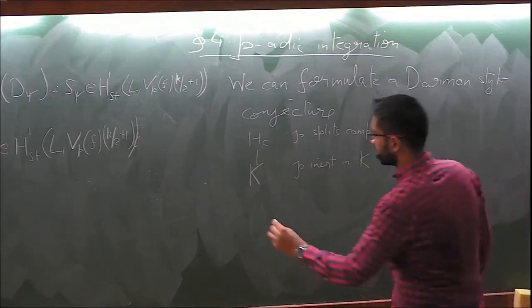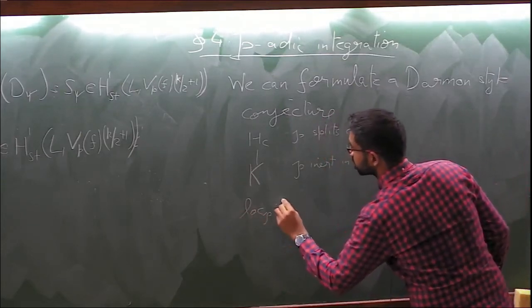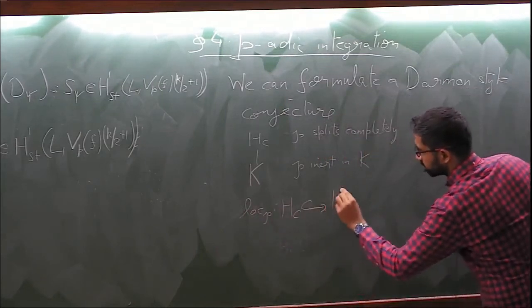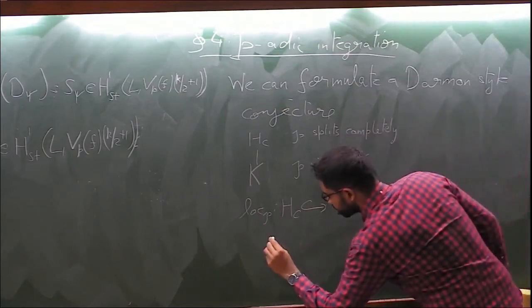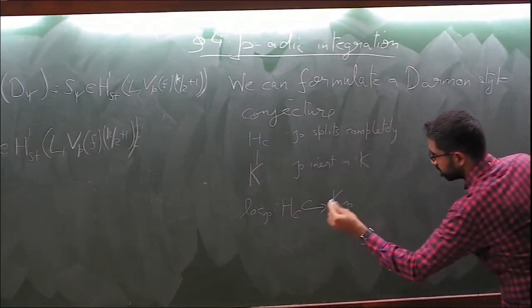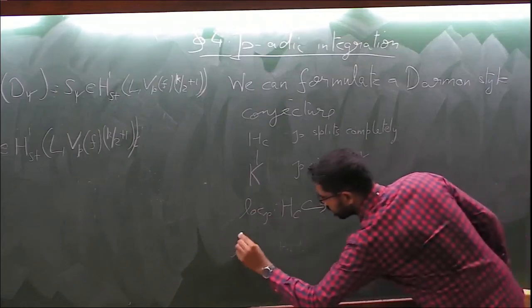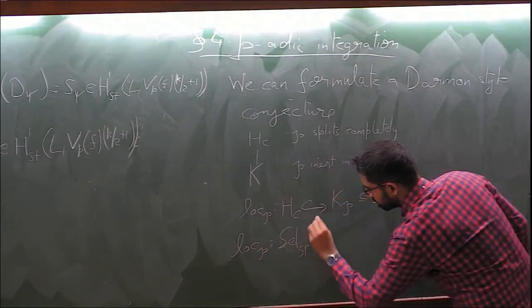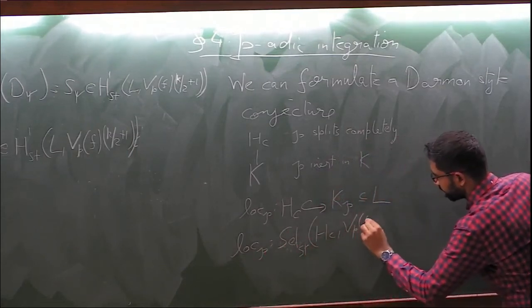Right? So I have an embedding, I think I'll call this log P, just to be consistent with Denis Benois' talk. So I have an embedding of this form. Which means that this will induce, and L, we assume that it contains Kp, so this will induce a map at the level of Selmer groups. So this is a semi-stable Selmer group at Hc with coefficients in Vp of f.